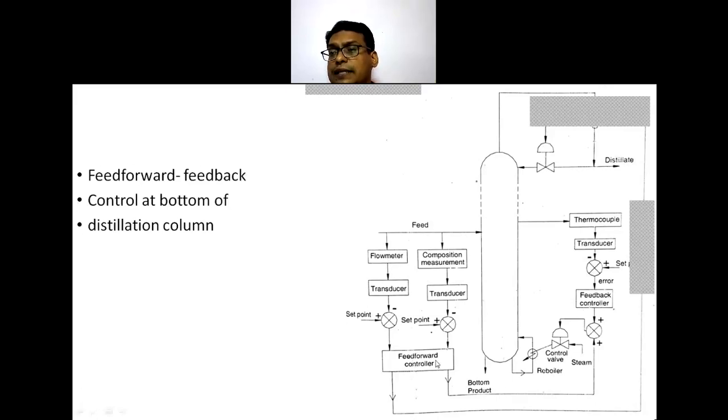This feedback controller sends the signal, and the composition measurement signal from the feedback controller goes to the comparator, where the comparator receives the temperature signal from the bottom product, and then it is compared, and which controls the steam supply going into the bottom of the distillation column.